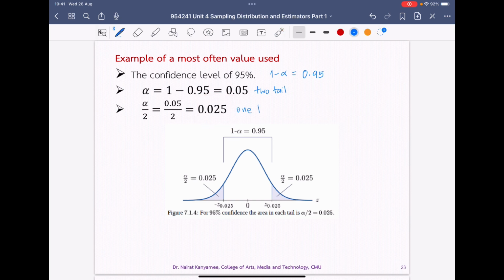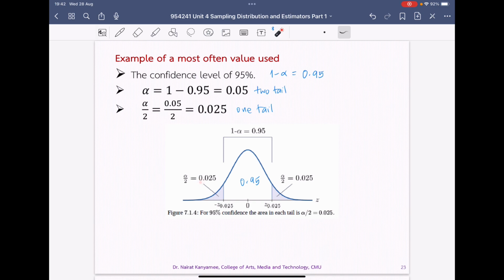So this is one tail. 0.95 is the area in the middle. We talk about probability, which is the area under the curve. So one tail is 0.025. The left tail is going to be the same because they are symmetrical about the middle value, which is the mean.